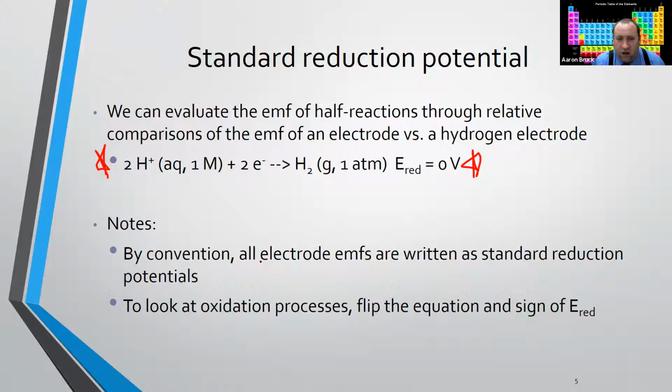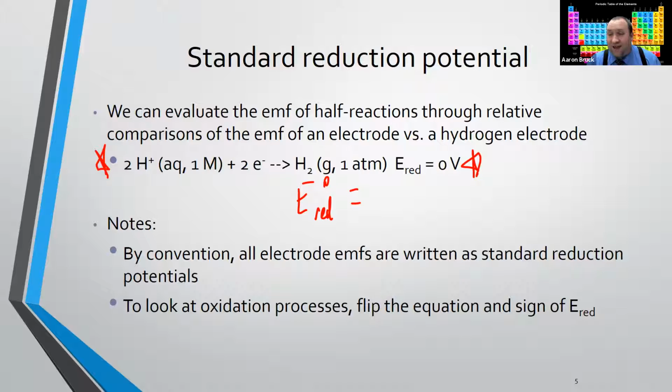Now, by convention, all of our EMFs are written as reduction potentials, and so what we end up getting is a table of standard reduction potentials. They tell us how much voltage would be applied when that particular cell is acting as the cathode. If it's positive, that's a good thing, because it gives us positive voltage, which we can use to do work.